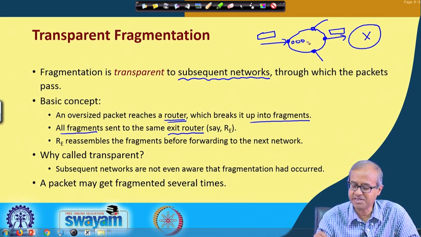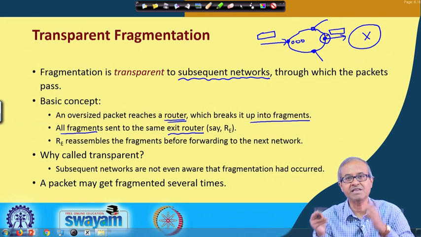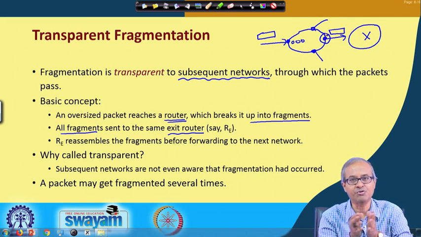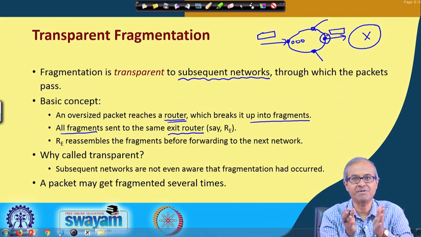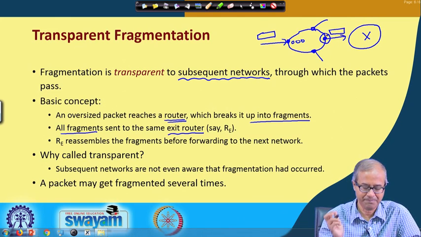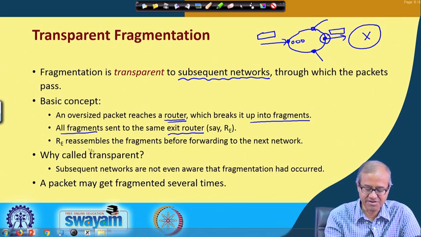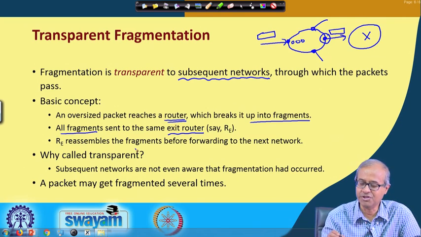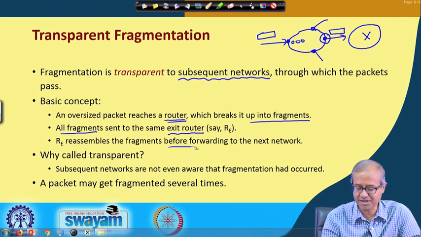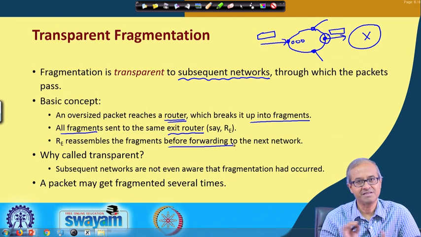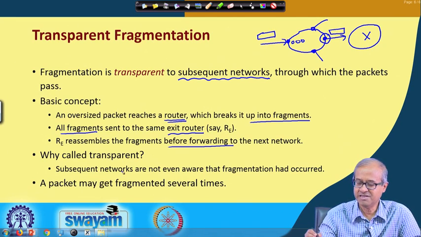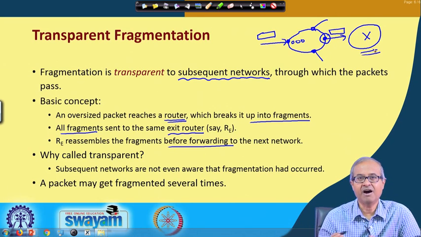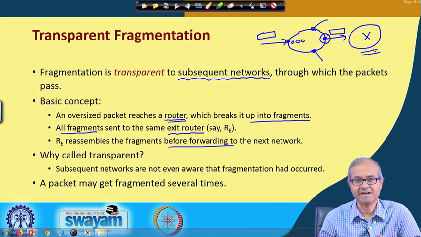All the fragments must be sent to the same exit router, so that the exit router is able to do the reassembly and put the fragments back together again. Okay? This RE will reassemble the fragments into the original packet before it forwards to the next network. This is called transparent because the subsequent networks are not aware that fragmentation is taking place.